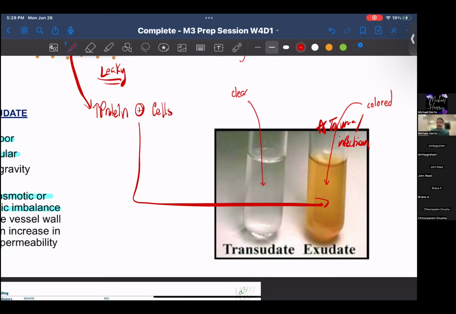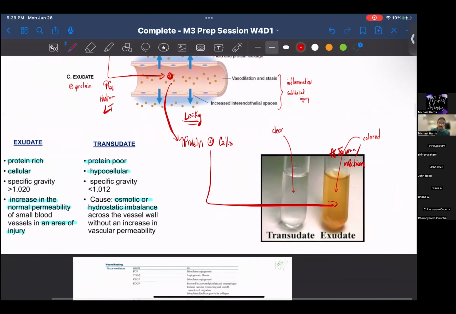Now, how are they going to ask you a question like this? They're going to give you the whole spiel on, let's say, someone who has a lung infection. The person has a fever. You do an x-ray. You see consolidation in one of the lung lobes.